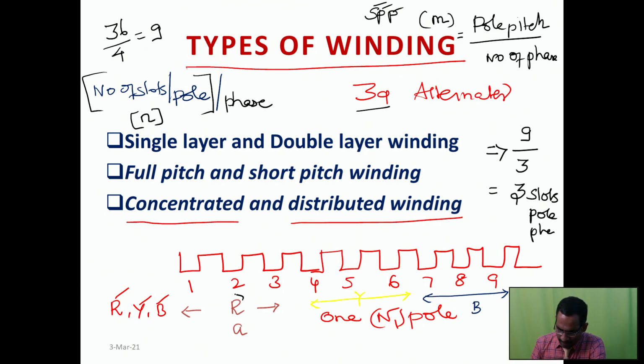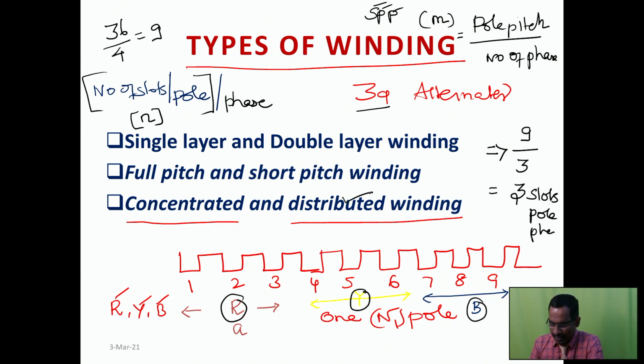That is what is made here. North pole. Under the north pole, I have divided it into 3 phases. So the first 3 slots contain the R phase winding. The next 3 slots contain the Y phase winding. The last 3 slots contain the B phase winding. Here I can place the conductors in all 3 slots, or I can keep them in any one slot. If all the slots are filled with coils, then it is called distributed winding.